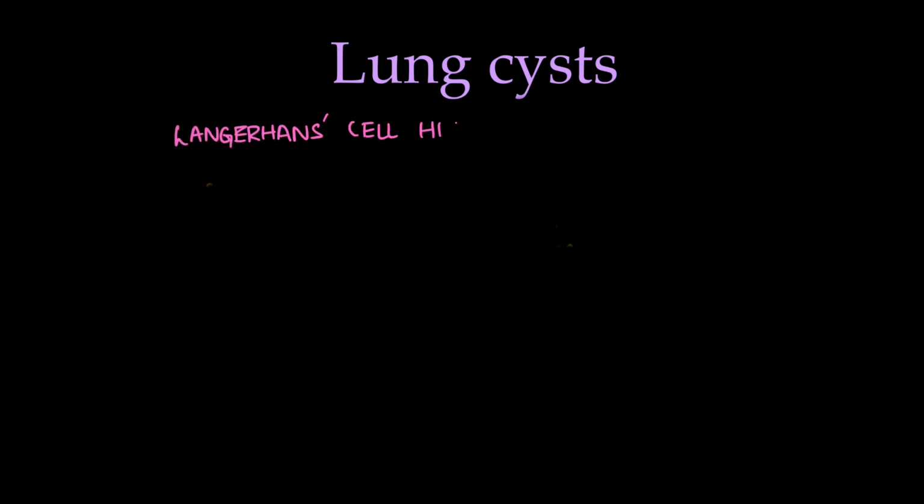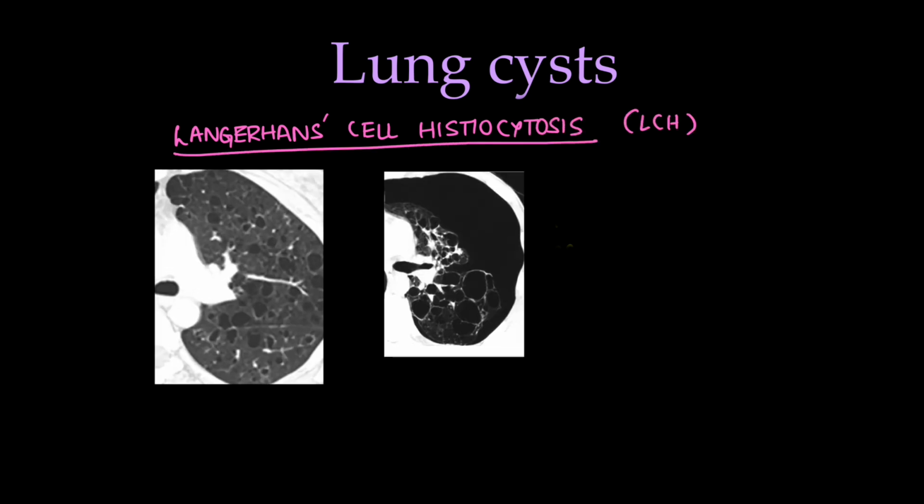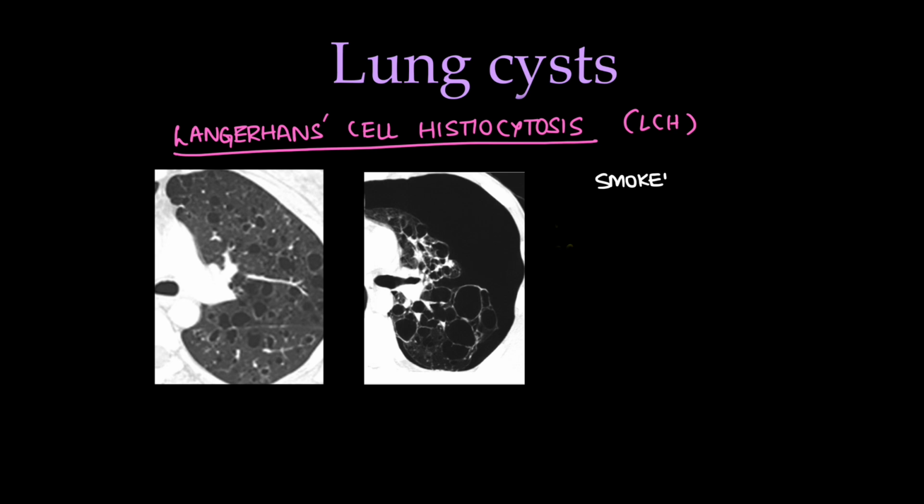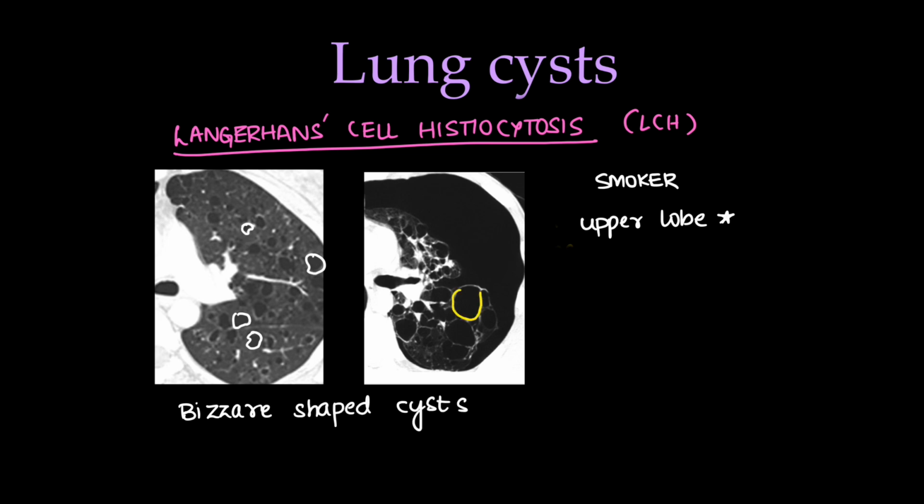Langerhans cell histiocytosis, also known as LCH in short. Cysts will appear something like this. They are seen in smokers with upper lobe predominance of opacity. There are bizarre shaped cysts which do not look alike. See, there are multiple variable shaped cysts which can undergo spontaneous pneumothorax.